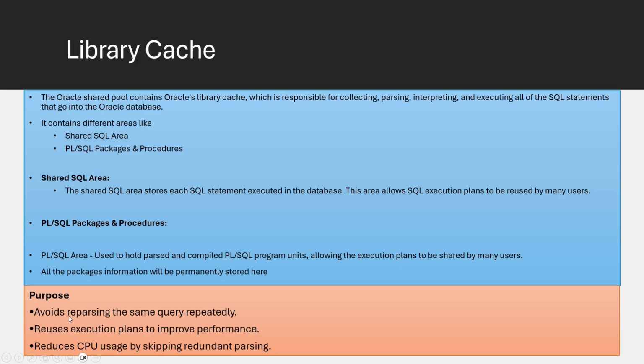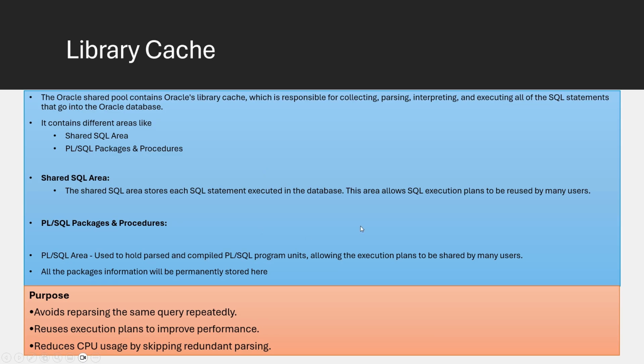Whenever you execute your SQL query the first time, it goes through hard parsing, which means your syntax, semantic, and execution plan will be created for it through the optimizer. The optimizer will create that execution plan, and that execution plan will be stored in the library cache. This process we call hard parsing.